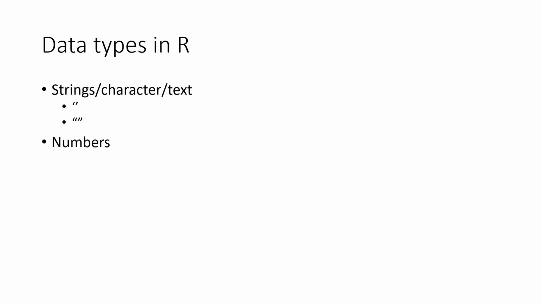Then there are numbers. Numbers could be integers or they could be numeric. R calls it numeric, but understand numeric as decimal places. We have not exhausted all of it, but for the beginning, this should suffice. Then there are Boolean or binary values.